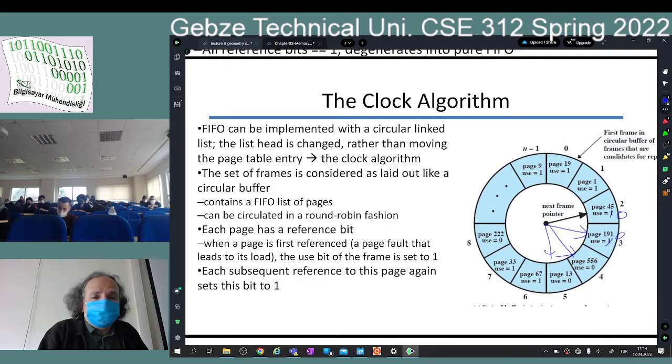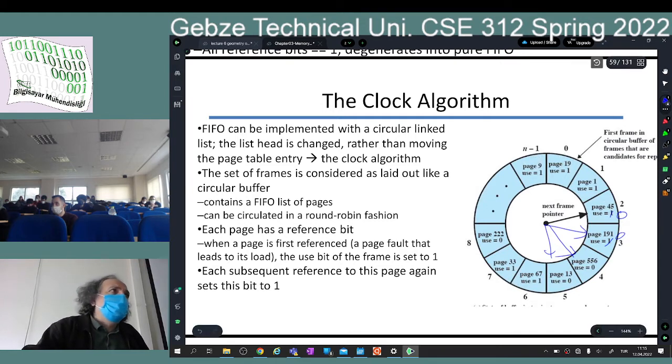we actually look at the R bit only, and the R bit says that somebody has recently modified me. It doesn't tell me at what time. If all of them have R bit 1, I replace the oldest one.